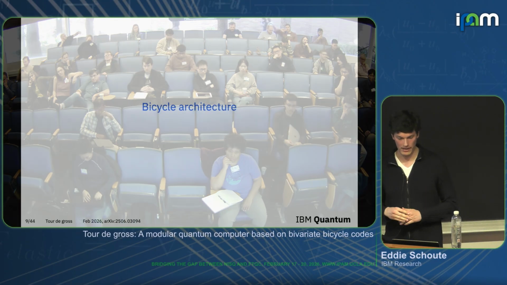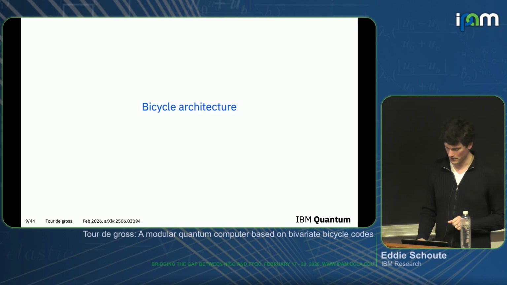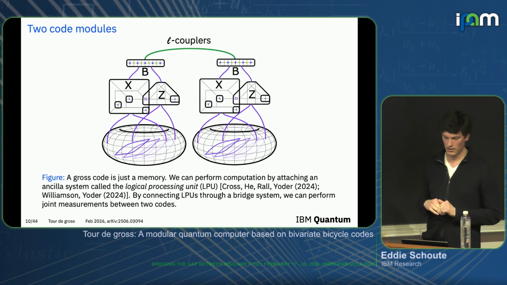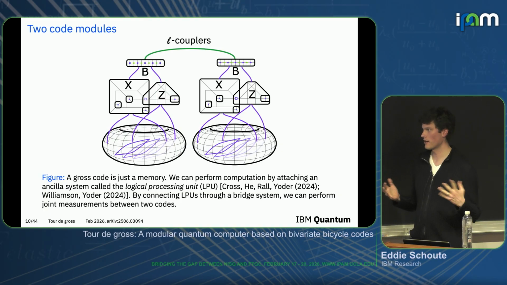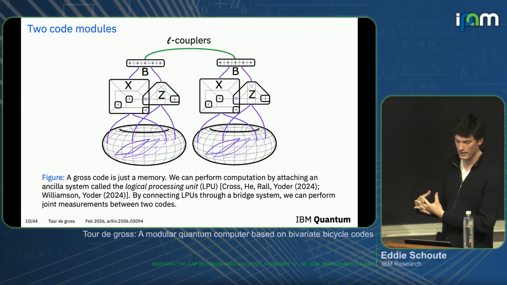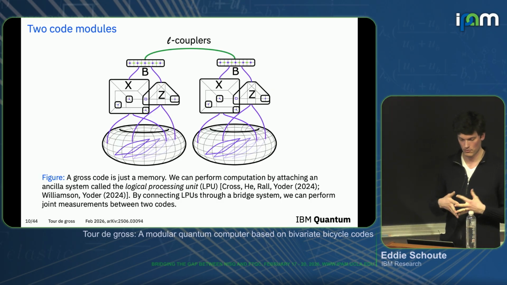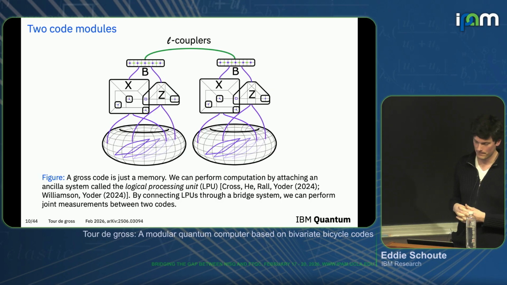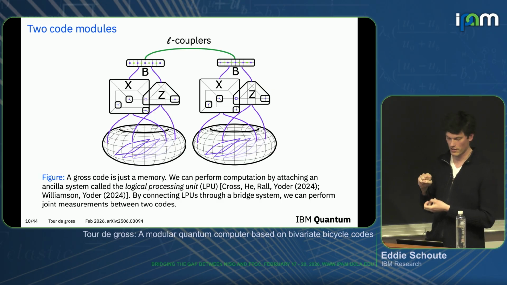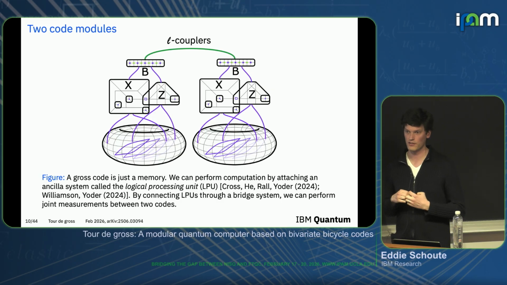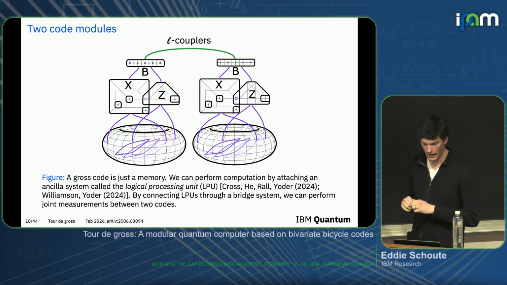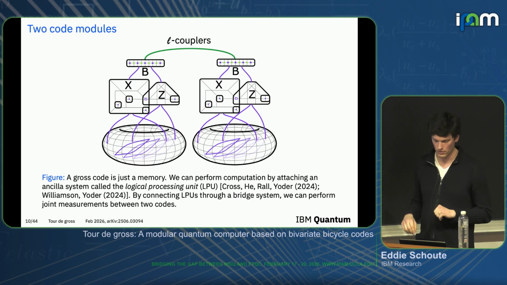Okay, so let me start explaining what it means. What does a bicycle architecture mean? Because a gross code is just a memory. We can just store information in there that doesn't allow us to perform any computation, except for some trivial Clifford circuits. So what we can do is attach an ancilla system that we call a logical processing unit, or an LPU. By connecting these logical processing units through a so-called bridge system, we can perform joint measurements between two adjacent code modules.